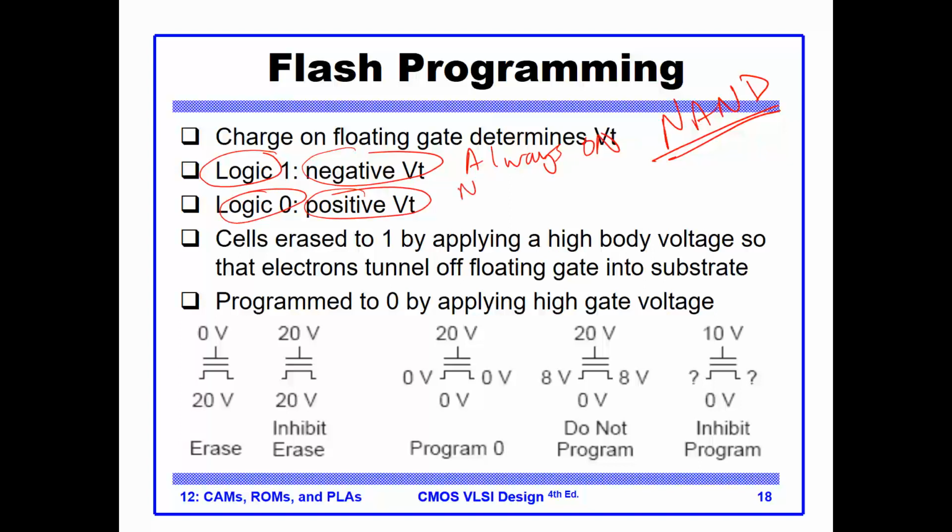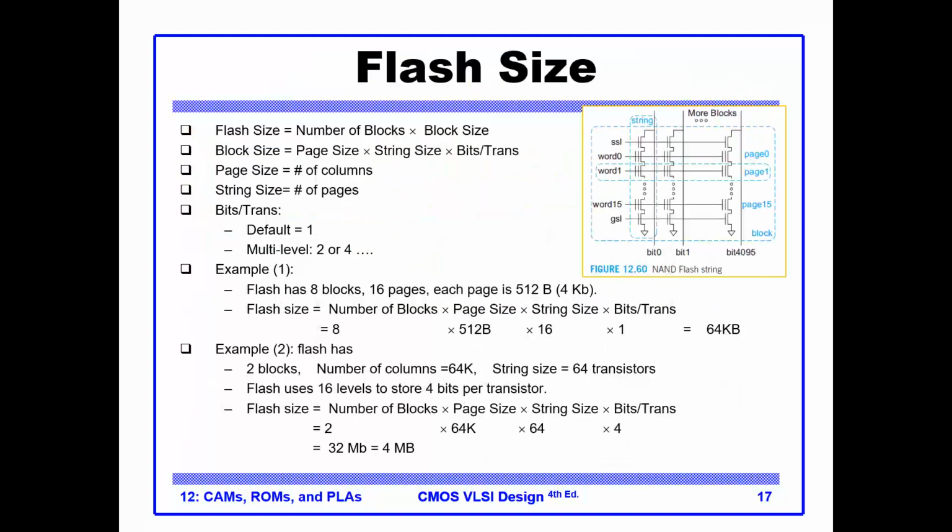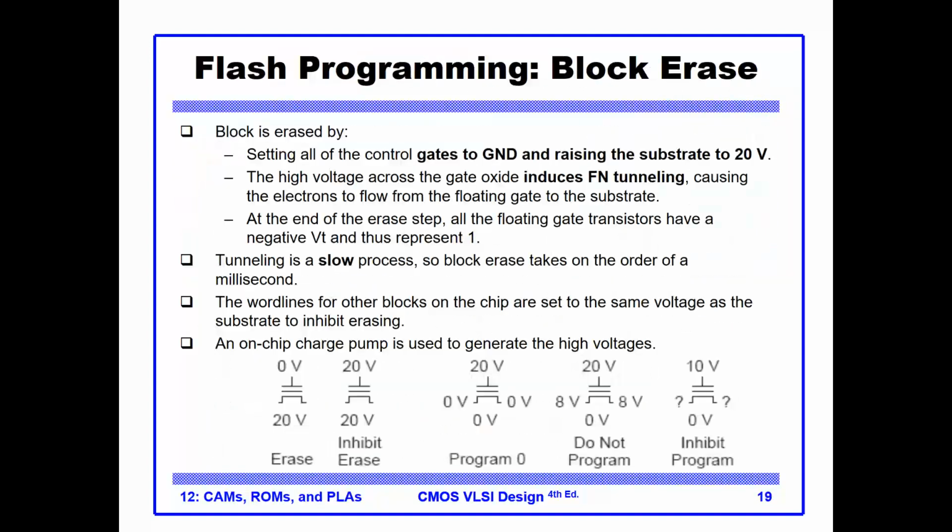This is whereas we have normal operation, which depends on the voltage applied to the gate. So let's see how we can do the erase operation. The cells are erased by applying the body voltage. So let's see the block erase operation.